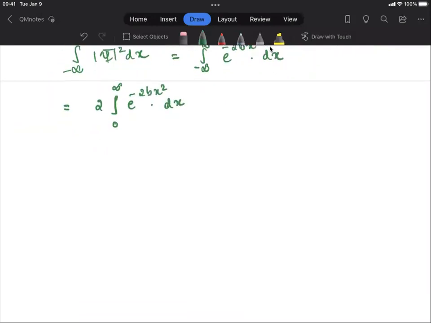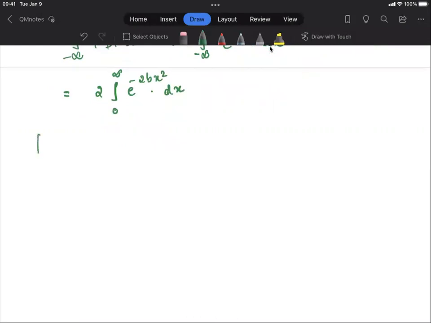If we look at the integrals in the appendix, we see that if we have an integral of the form e to the power negative c x squared dx, the answer is going to be, or c has to be positive.